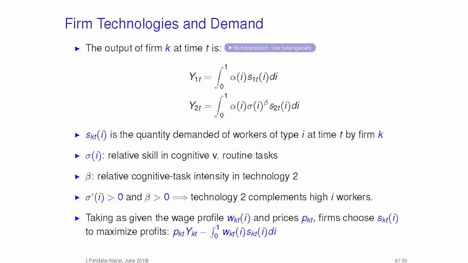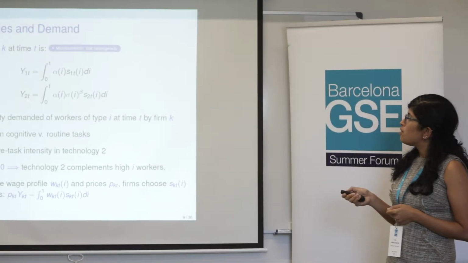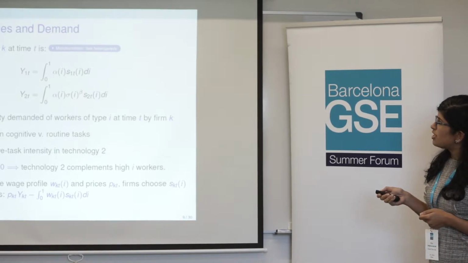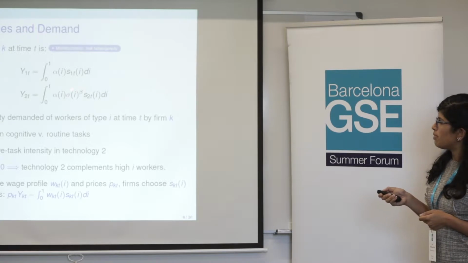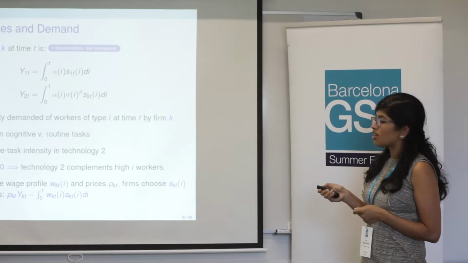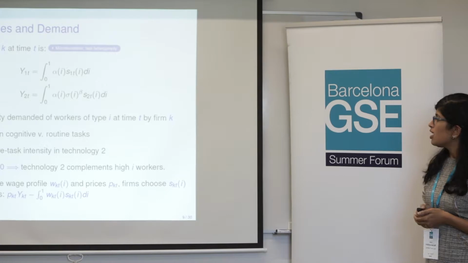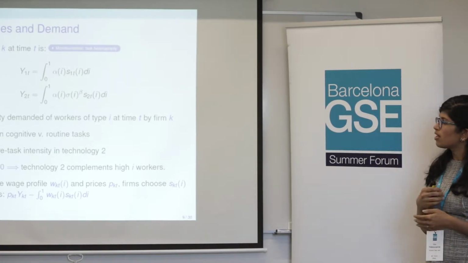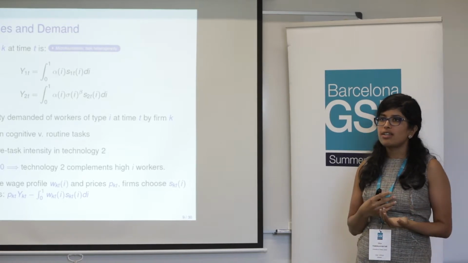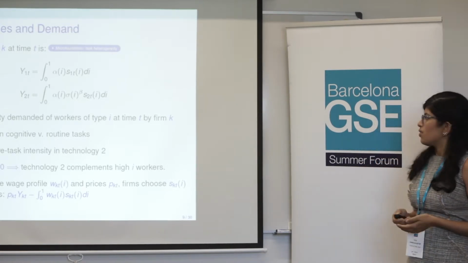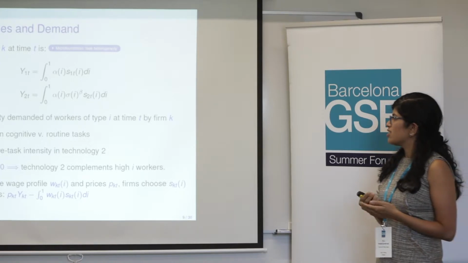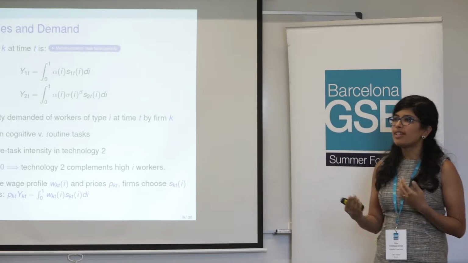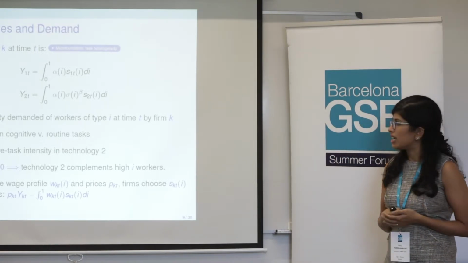So alpha I is the output of each worker, and the output of firm 2 is, we assume, alpha I times this function sigma I, which I'll explain in a second, raised to the power of beta, times the quantity of workers of type I that the firm employs. Here, sigma I is the worker's relative skill in cognitive and routine tasks, and as an ordering assumption, sigma I increases in I. So high-I workers are relatively better at cognitive relative to routine tasks.